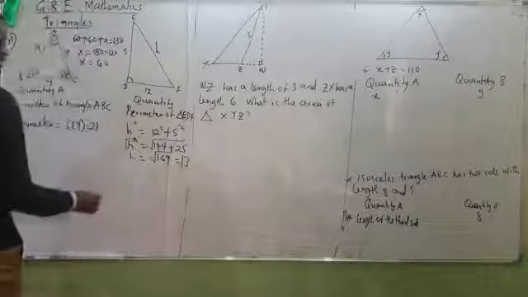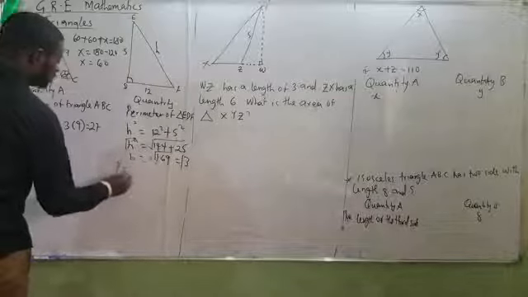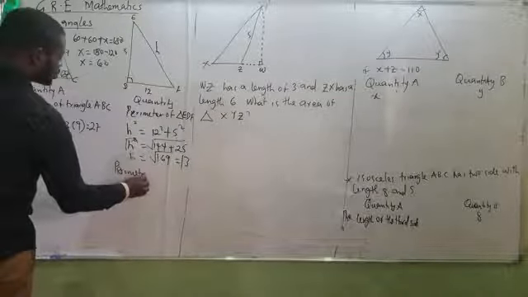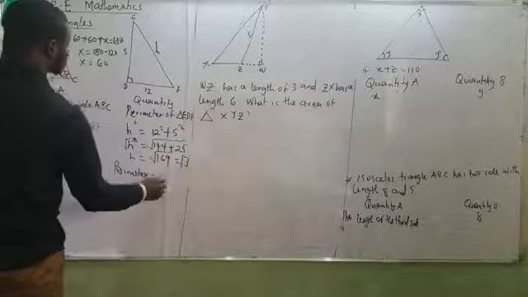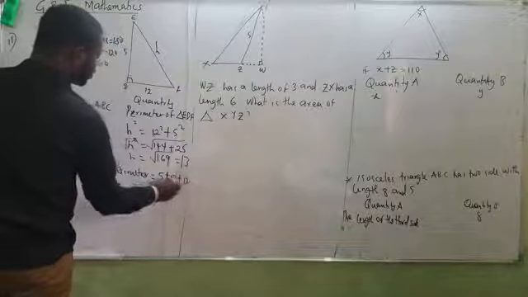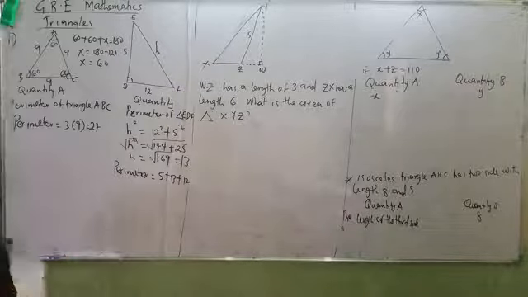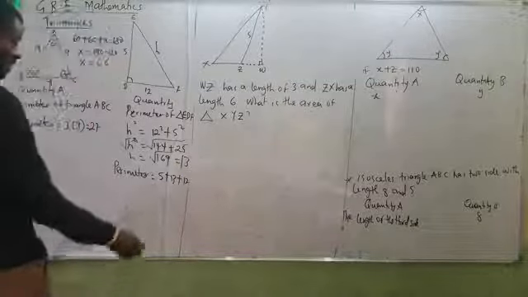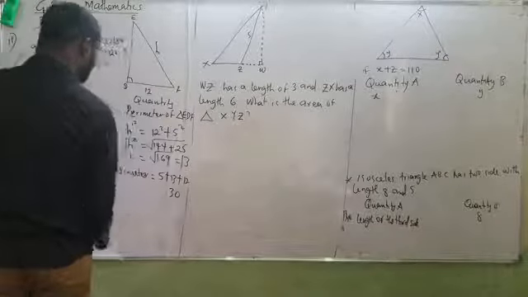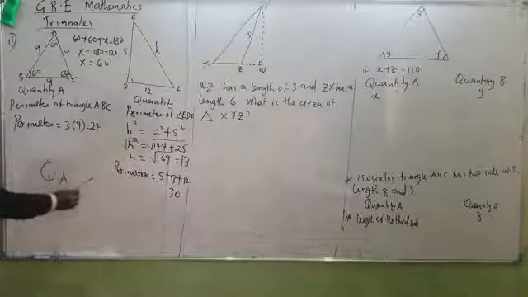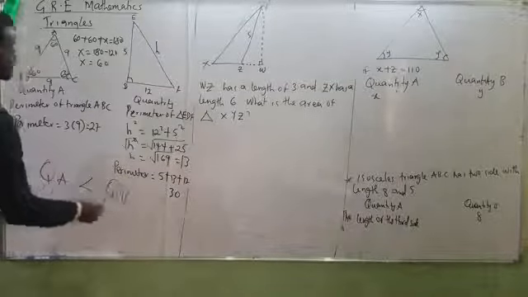Now, the perimeter of quantity B will be 5 plus 13 plus 12, which is 30. It means quantity A will be less than quantity B. That is the relation.